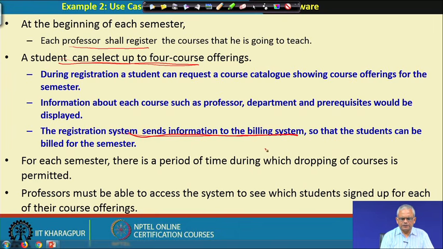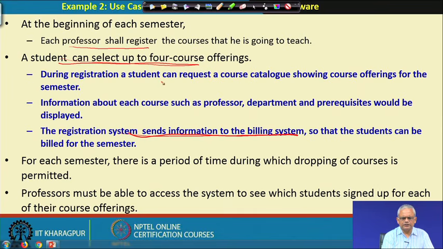So, we can start identifying what use cases each of these actors can invoke. The professor can register the course detail. The student can select course offering, and while selecting a course, he can request a catalog.